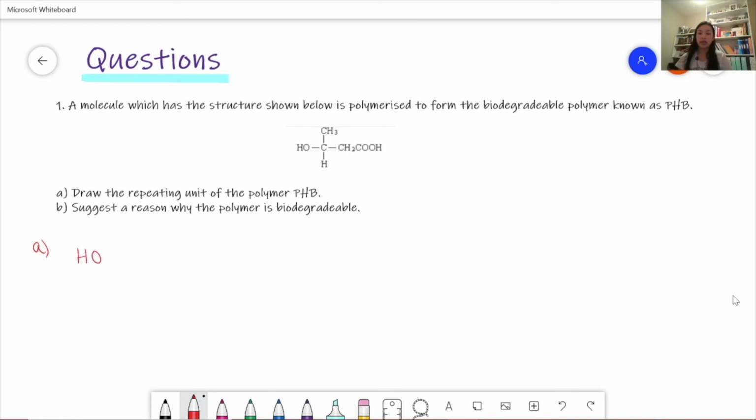So we have OH, then CH3, hydrogen, then a CH2, and then a carbon with double bond oxygen, then OH, and then we're going to add another one of these, plus another on the other side as well.